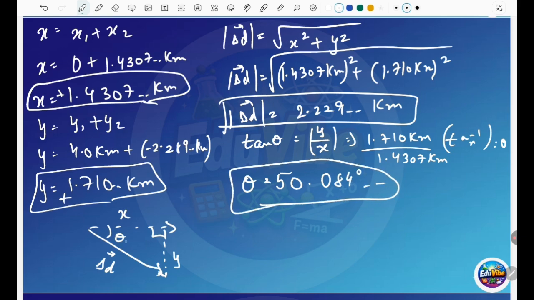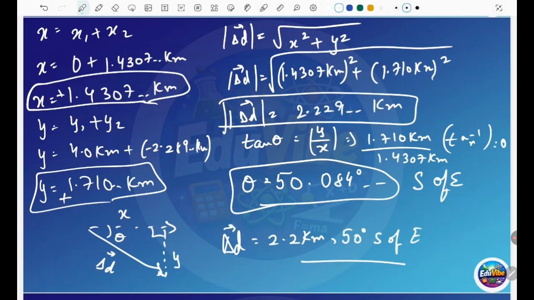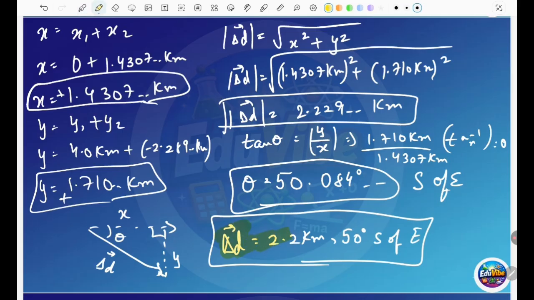So what is the direction? That theta goes later on, when this is the east. The first one is south, so it is south of east. Our final answer for delta D is 2.2 kilometers and 50 degrees south of east. This is the distance and displacement we had to calculate, and they want the vector diagram.